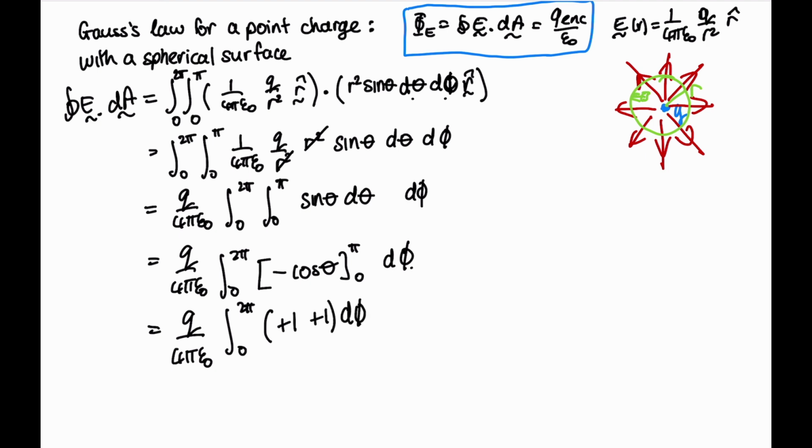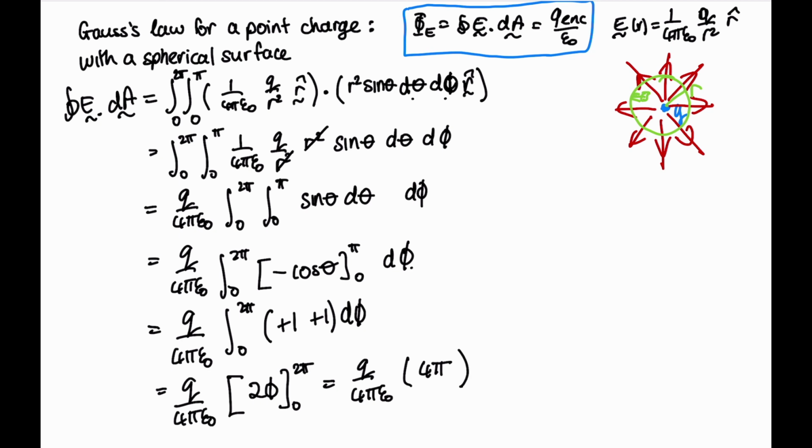And so now we need to integrate 2, and so this is going to be equal to q over 4 pi epsilon naught, and this will be 2 phi, and we're going from 0 to 2 pi. And so this will equal q over 4 pi epsilon naught times 4 pi minus 0. And so those cancel, and we end up with q over epsilon naught.